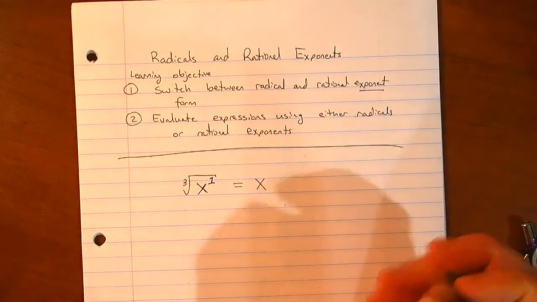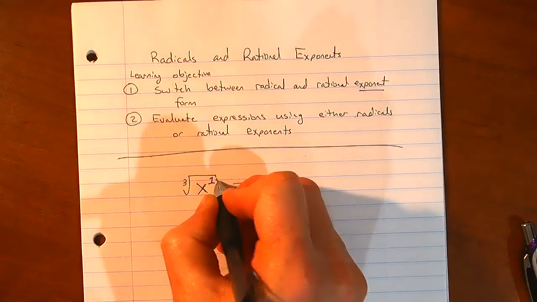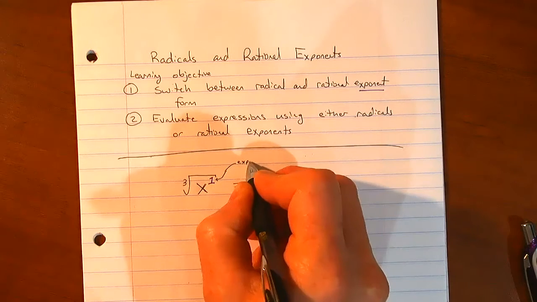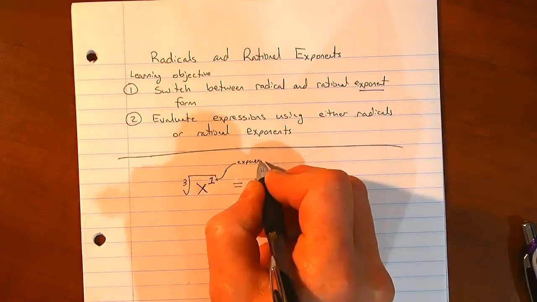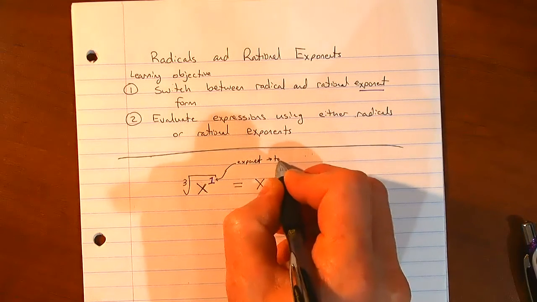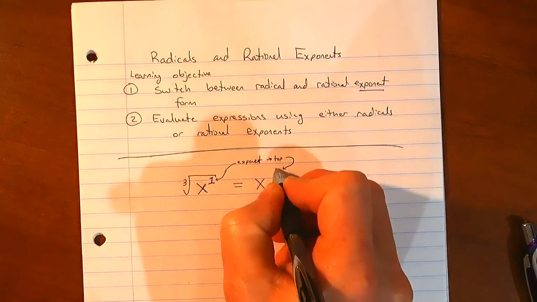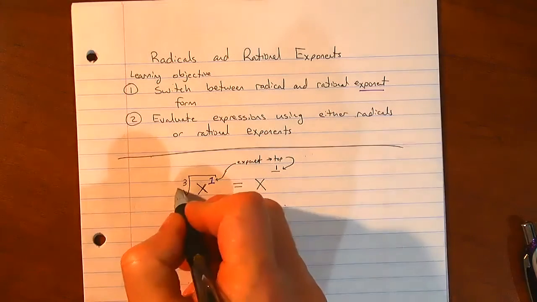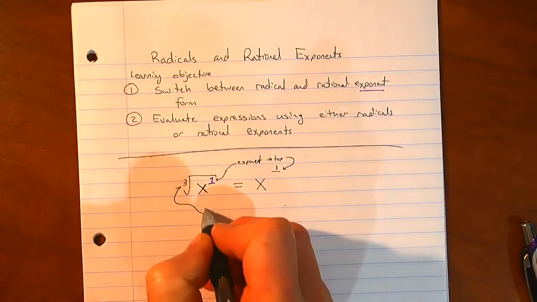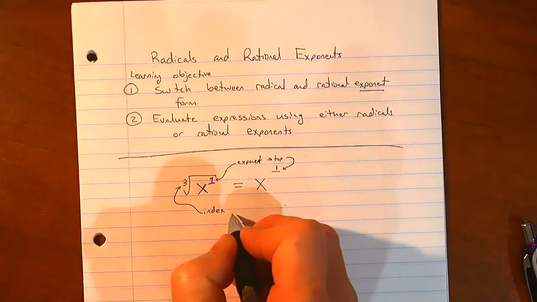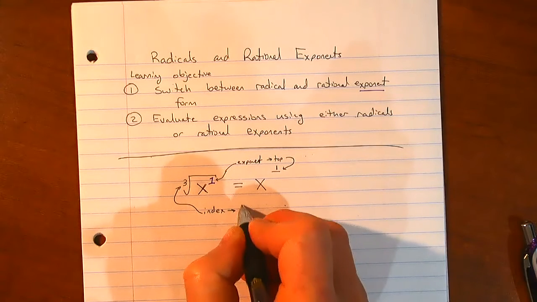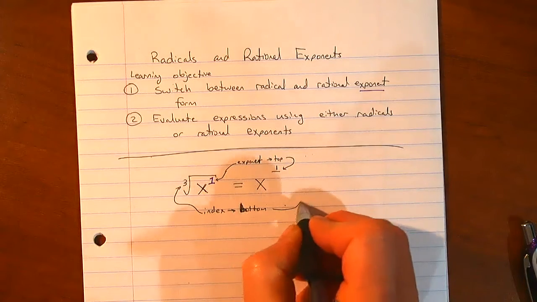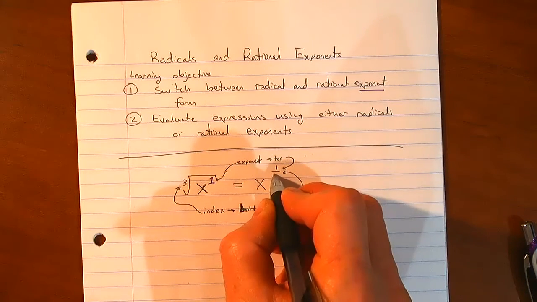And here's the way I make my fraction. Whatever this exponent was, in this case it's a 1, the exponent will be the numerator of my fraction. And then there's my bar, and whatever the index is, the number that's sitting on the little shelf, becomes the denominator of my fraction.